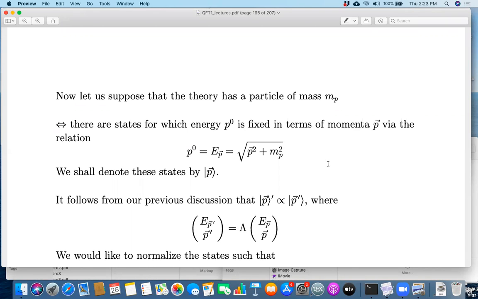We could have in principle, for example, a bound state of two phis, two particles, because they're interacting theories. That could be a bound state of two particles, which will also give rise to a relation of this kind, but MP will now be the mass of the bound state. So certainly things like that could happen.